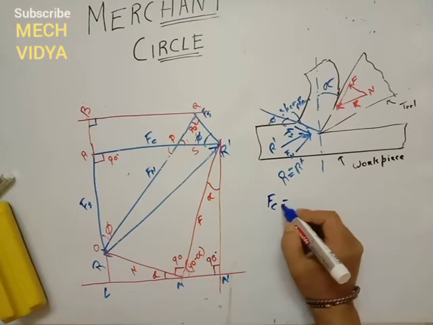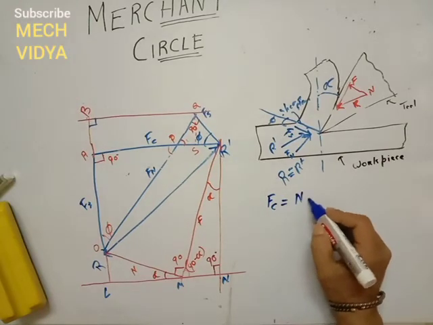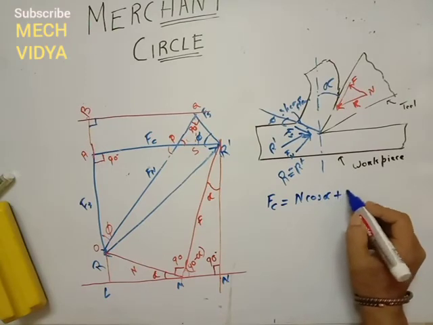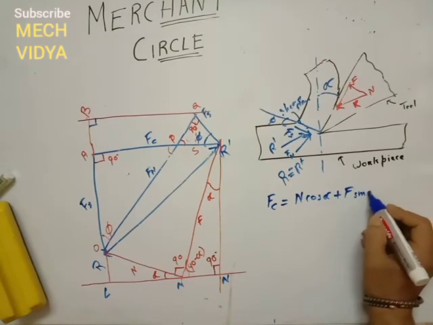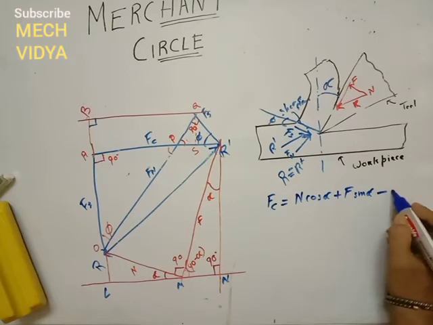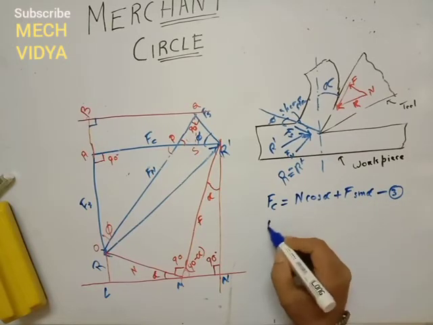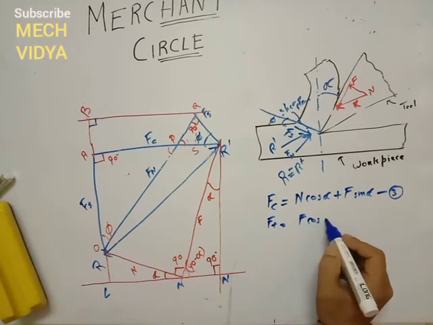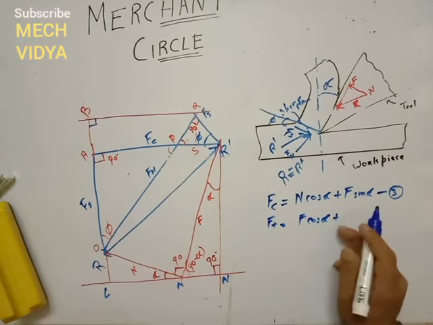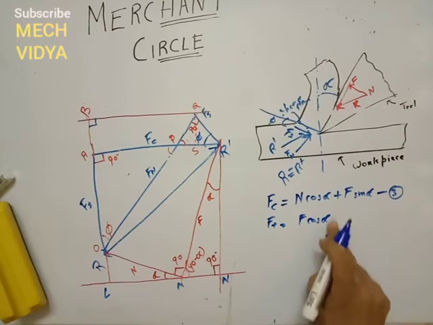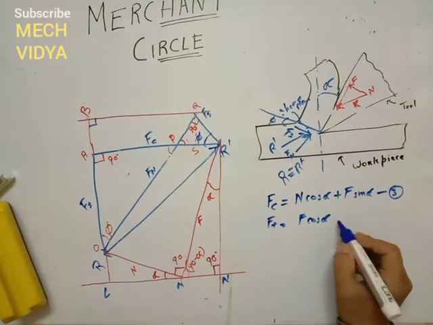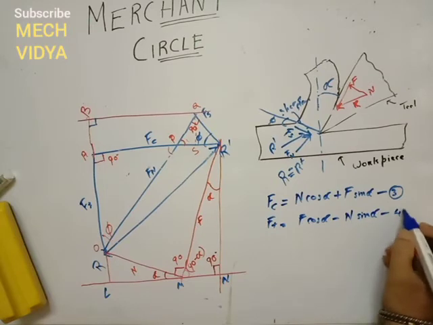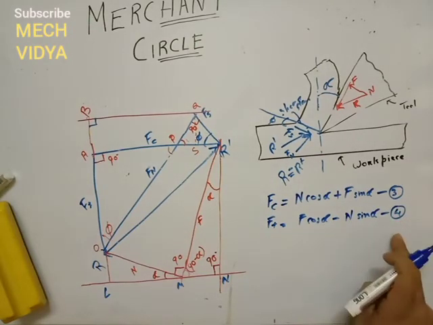Fc is equal to N cos alpha plus F sine alpha. We are naming it as the third equation. Okay, and Ft is equal to F cos alpha minus N sine alpha. So we will assume that this is our fourth equation.